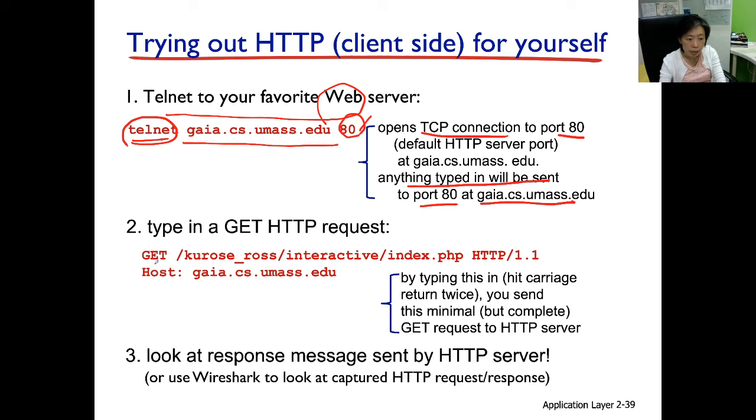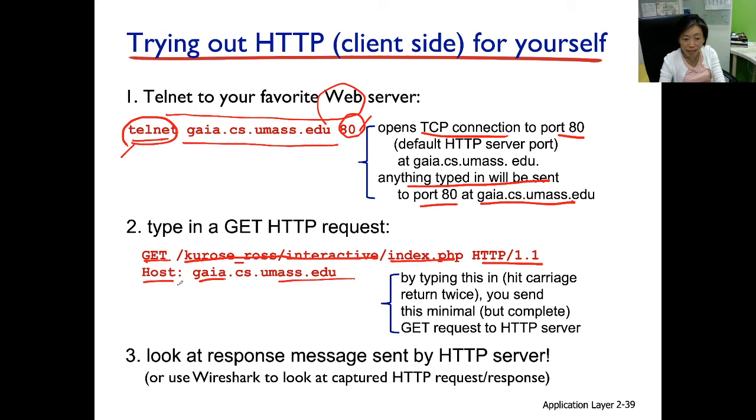Okay, let's try typing this. GET, with the path name and file name as the argument for the GET command, and then the HTTP version. We'll be pretending that the telnet here is an HTTP 1.1 client, and Host: gaia.cs.umass.edu.